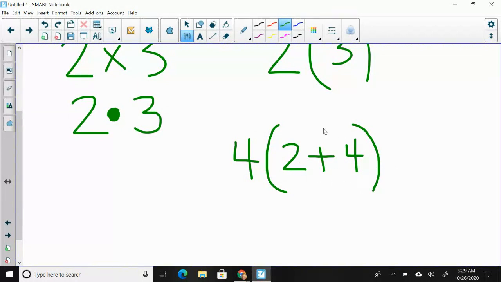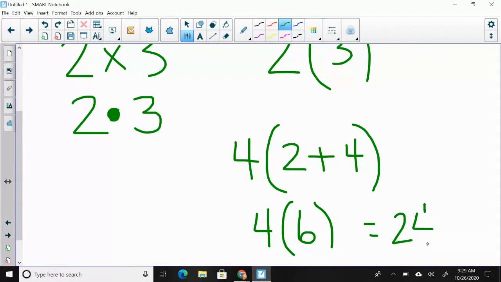So the quantity of 2 plus 4 is 6. And because the 4 is hanging out here, that means you are multiplying. So 4 times 6 would be what? 24.